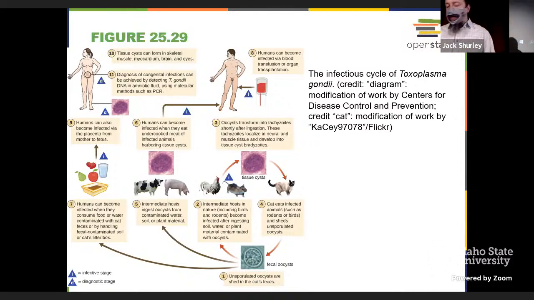We'll move through this life cycle here in just 1 second, but ultimately, the bigger concerns would be with a pregnant woman. That's when we've got problems because the parasite can cross the placenta, infecting that developing child and potentially causing serious issues, maybe fatal outcomes as a result.